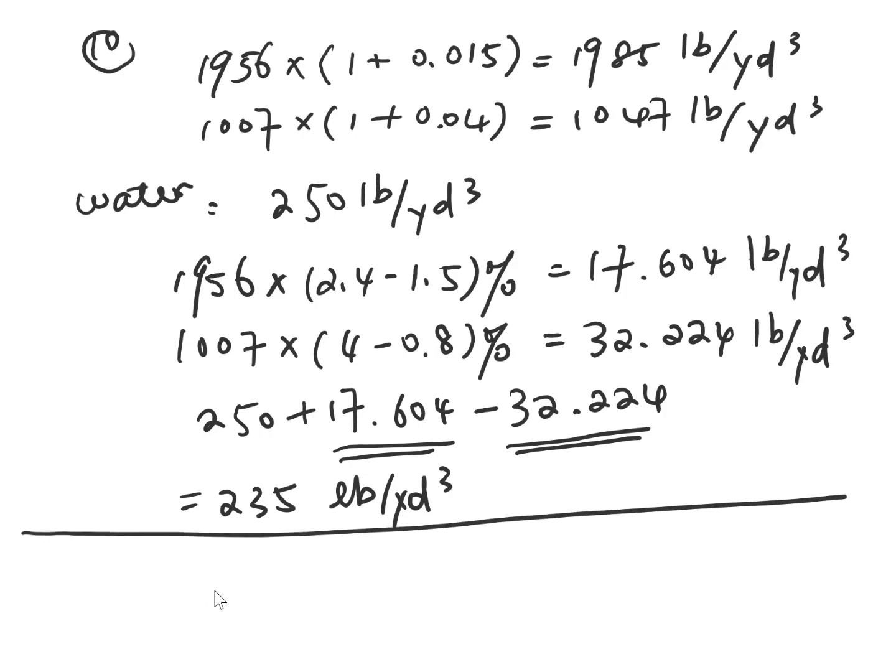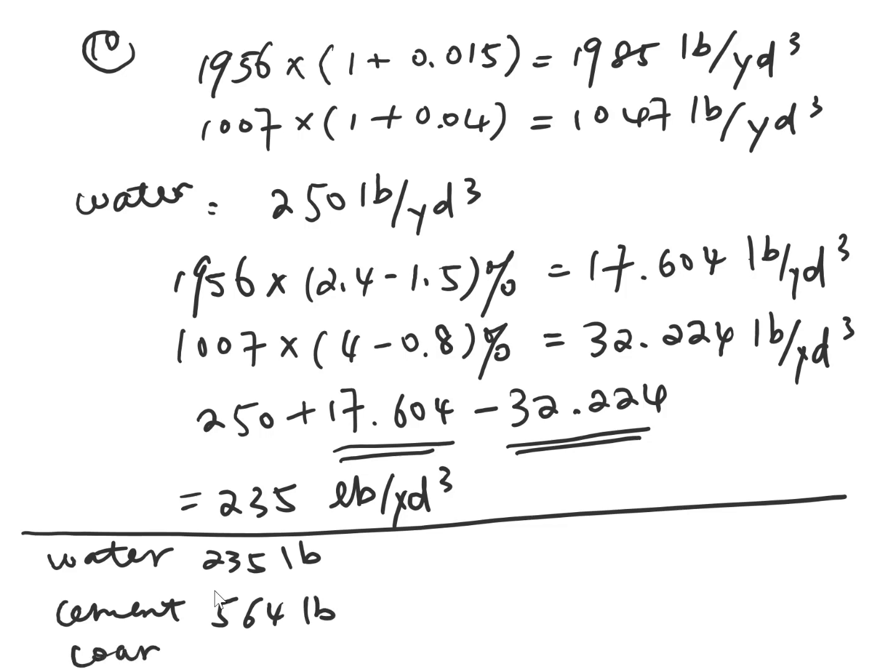So let me do a brief summary about the ingredients. So we need water, which is 235 pound for every cubic yard of concrete, and the cement is 564 pound, and the coarse aggregate is 1985 pound, and the fine aggregate is 1047 pound.